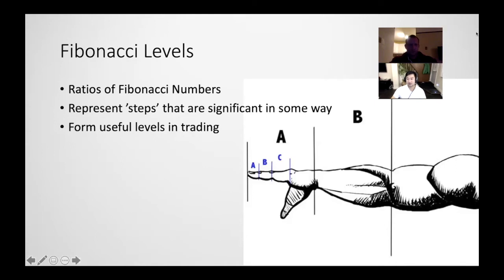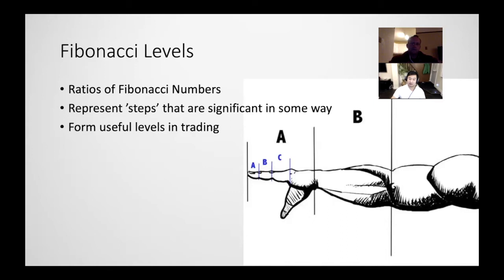Right, so what is a Fibonacci level? Well, if any of you have heard of Fibonacci ratios or Fibonacci numbers, it's basically that. Fibonacci levels inherently are ratios between Fibonacci numbers, and they represent steps that are significant in some way.